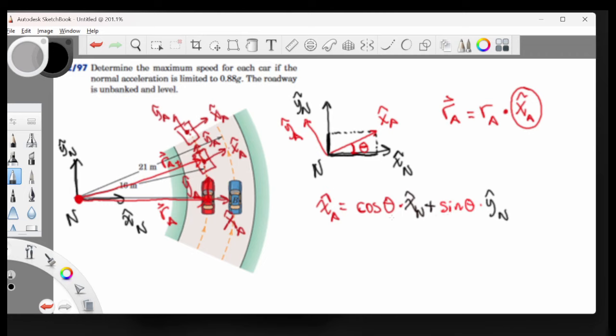So the first component is this component, the second component is this component right here.